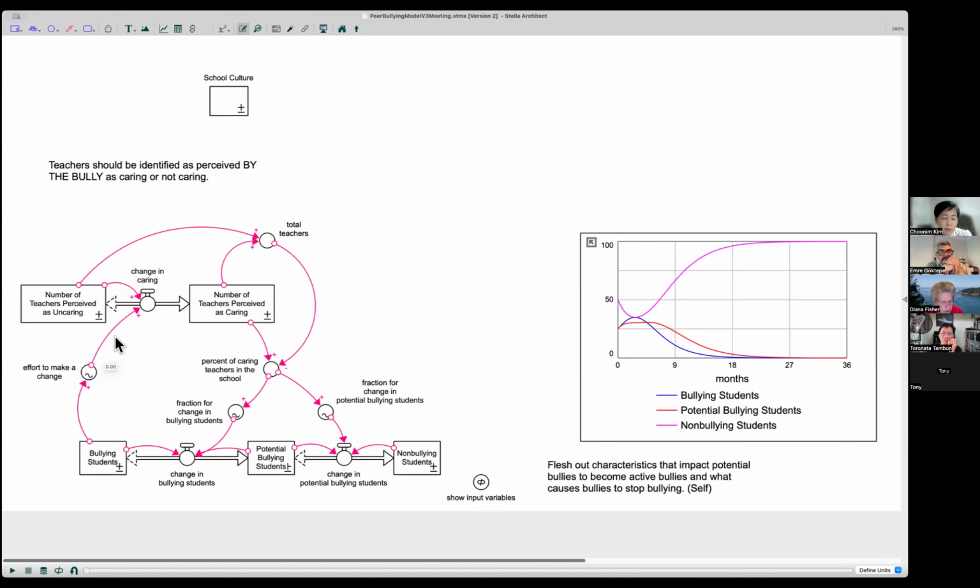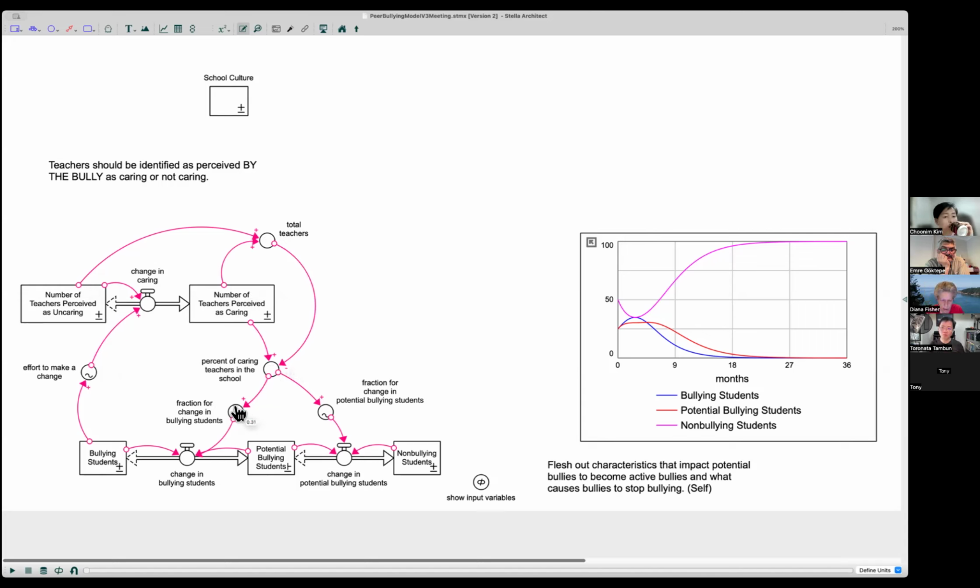And this effort tries to work on the teachers who are perceived as uncaring and move them over to caring. And just like before, we add these teachers together in the total. And this is the percent of caring teachers that we have.